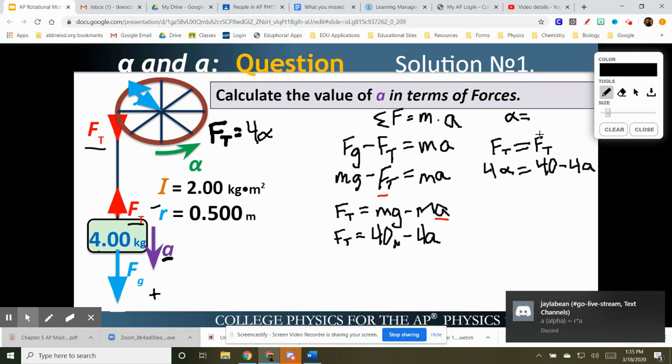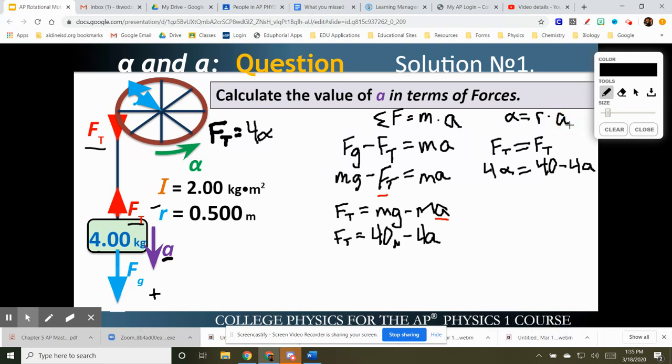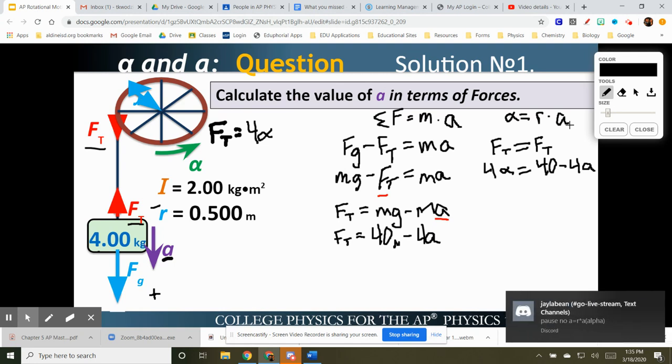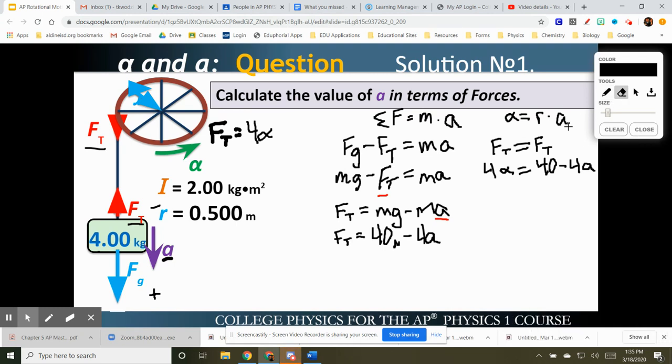So she says alpha equals R times A. Okay, thank you.